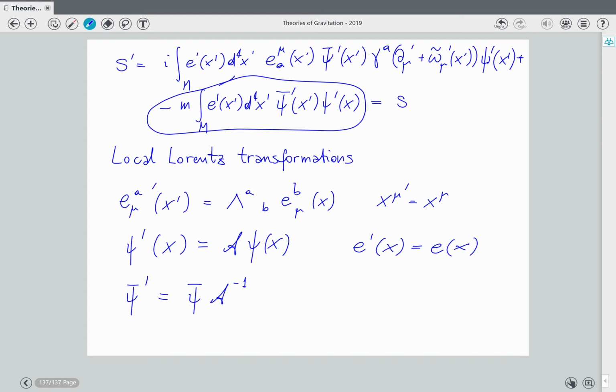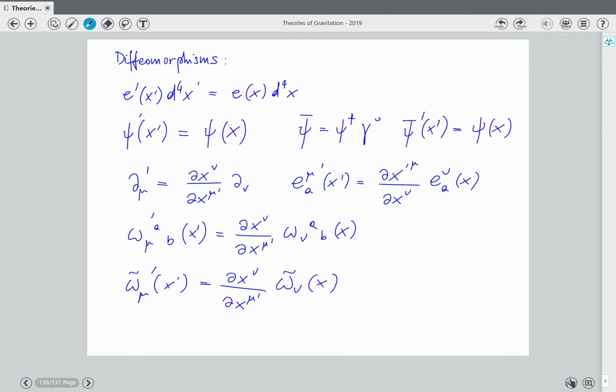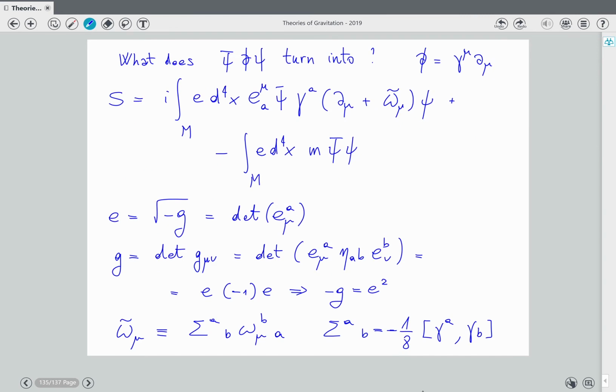The difference is in the kinetic part, because there is a derivative. And so when we transform that part, we must be careful, and we will have to check that this connection, as we have defined it with these gamma matrices, sigma matrices there, transforms correctly.